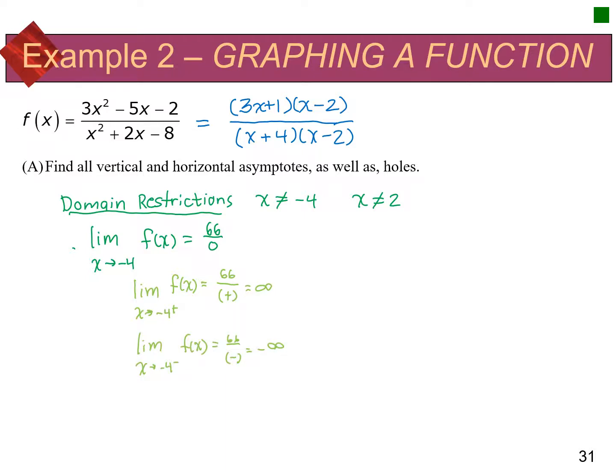So that helps me know, when I eventually do this graph, and I'm going to sketch it up here, if I can get this thing to work. Here we go. Come on, pencil. There we go. Sorry. At -4, I'm going to see a vertical asymptote there.